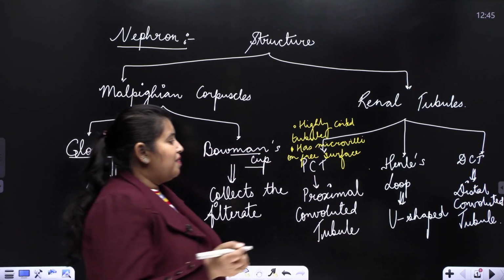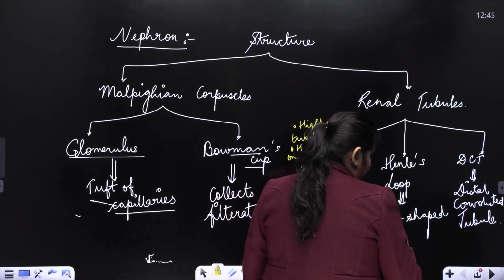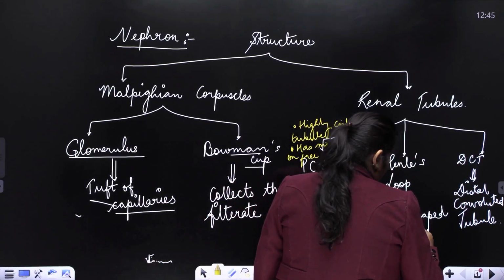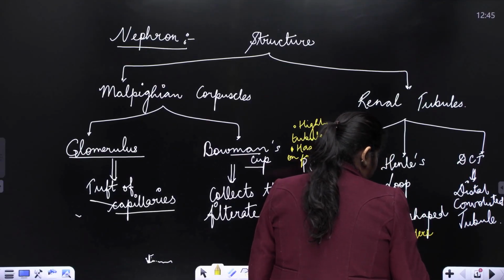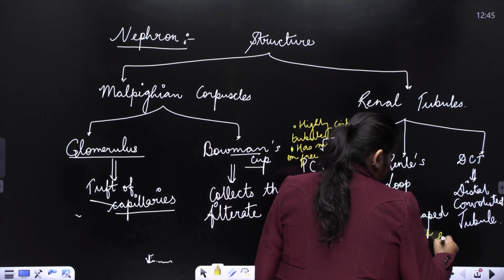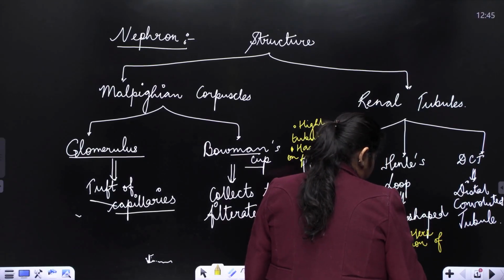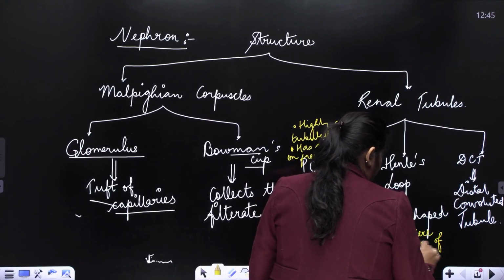All right. Then Henle's loop is a U-shaped tube. Here, reabsorption of water takes place. All right.